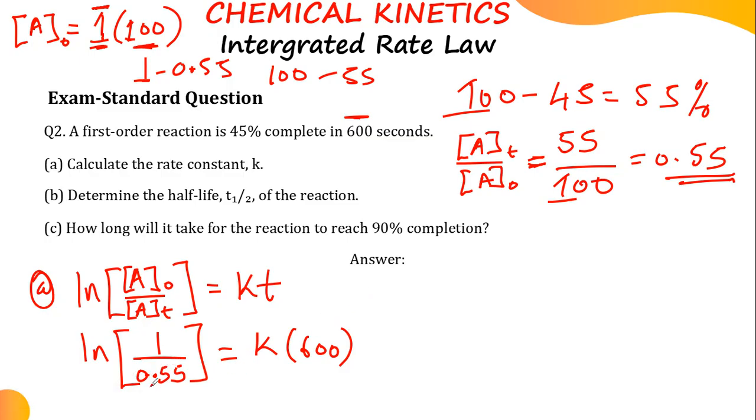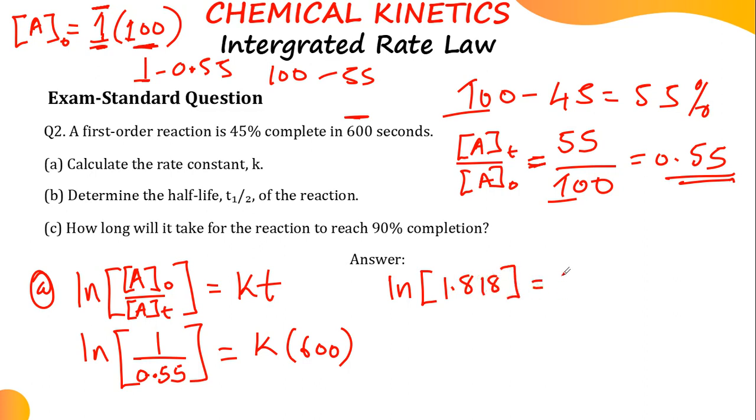Okay, now from here, let's do this. What is 1 divided by 0.55? 1.818. Yes, very good.